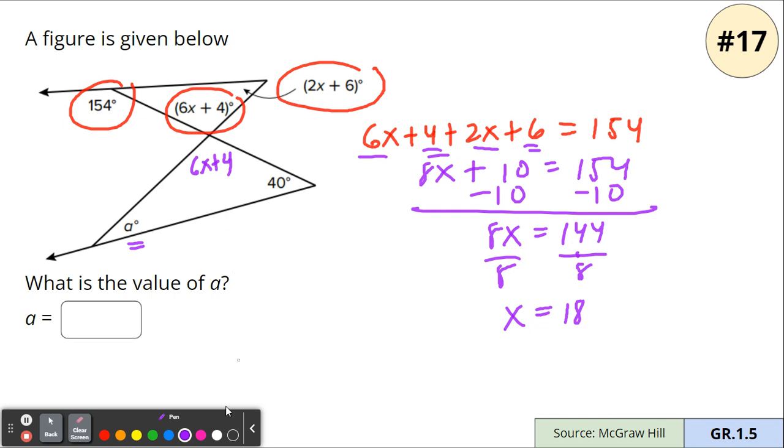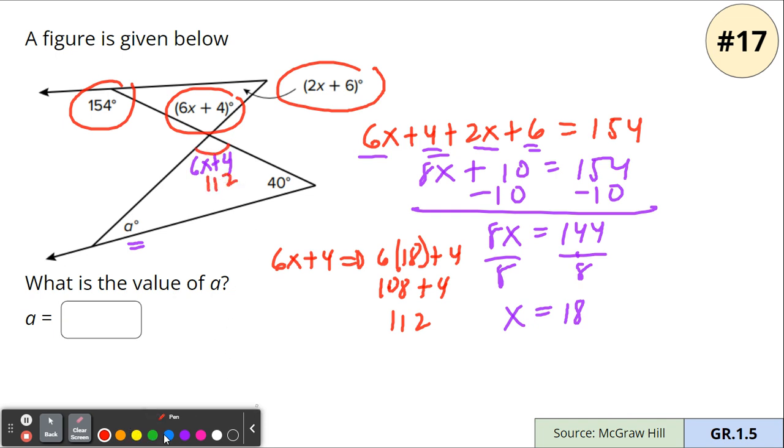So let's find 6x plus 4. So 6x plus 4 will be equal to 6 times 18 plus 4. So 6 times 18 is 108 plus 4 will give you 112. So this angle is 112.